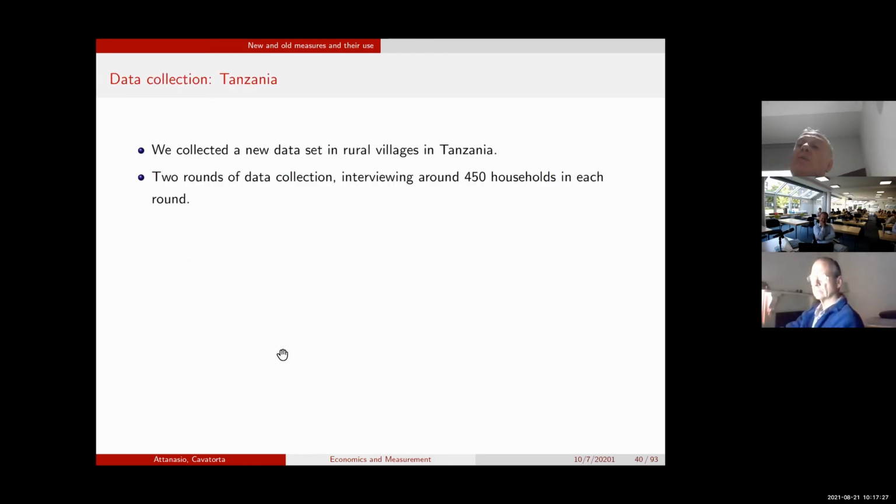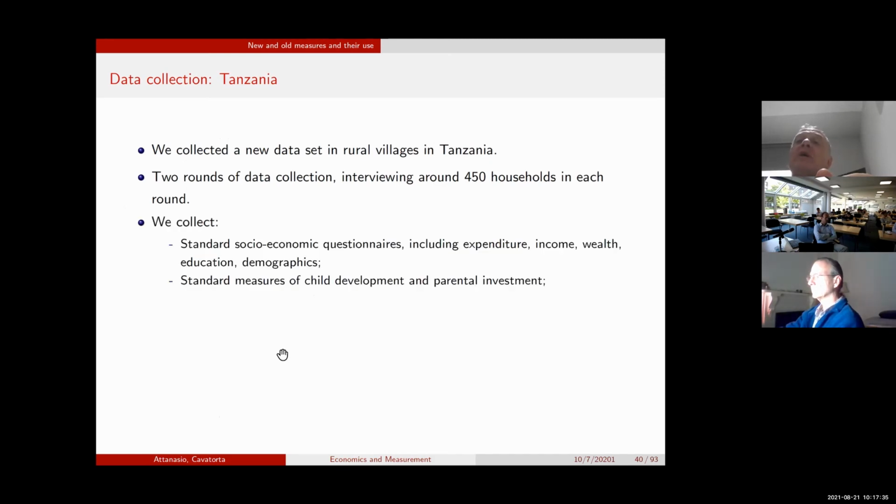So the work in Tanzania was 2 rounds of data collection. We interviewed about 450 households in each round, and we collected data on standard stuff like socioeconomic questionnaires, expenditure, income, wealth, education, demographics, a standard measure of child development and parental investment, and then a number of new measures.